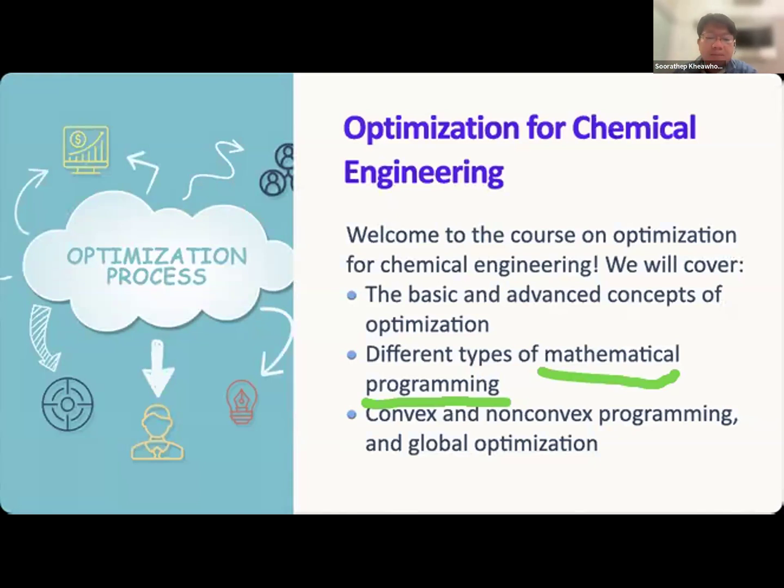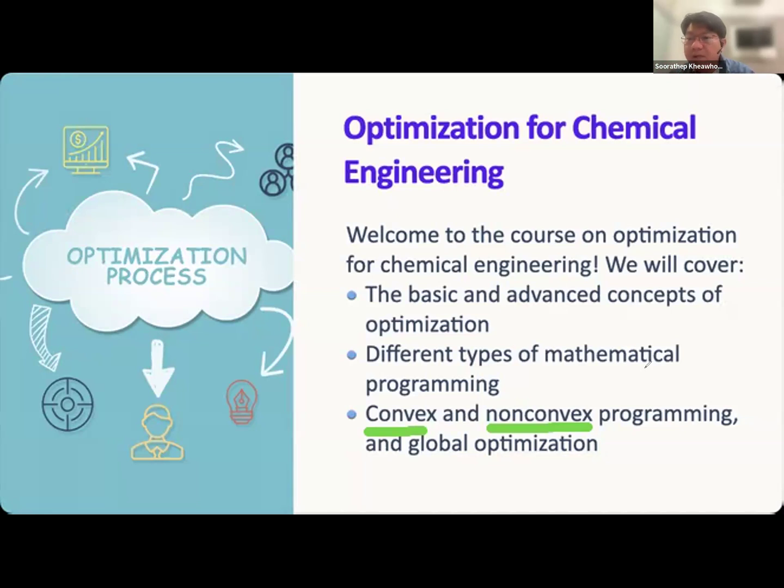And the next one, the convex and non-convex concept. We will deal with both convex and non-convex later. You know the difference between linear and non-linear, right? It's quite simple, straightforward, I believe. A linear form is one type of convex programming, but we also have several types of convex, not only linear.